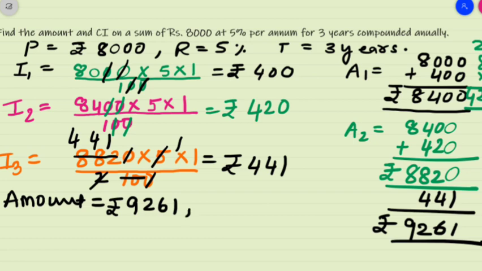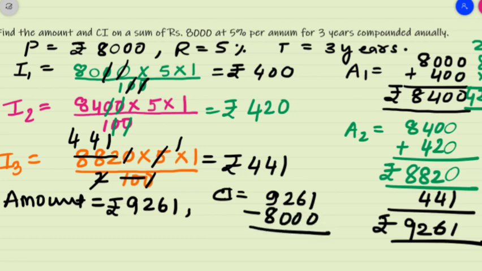But what will be the compound interest? So compound interest CI will be equal to 9,261 minus what was the principal he began with? 8,000. So compound interest will be equal to 9,261 minus 8,000, that is equal to rupees 1,261.